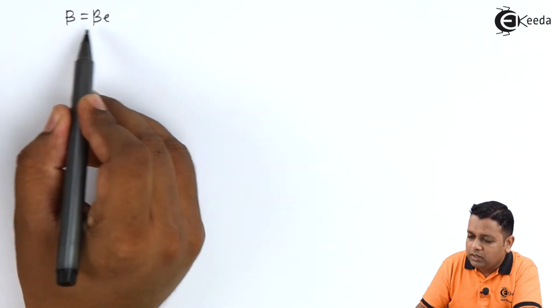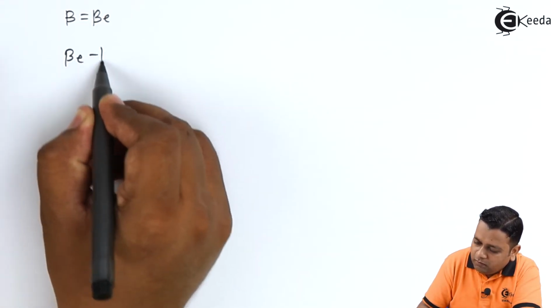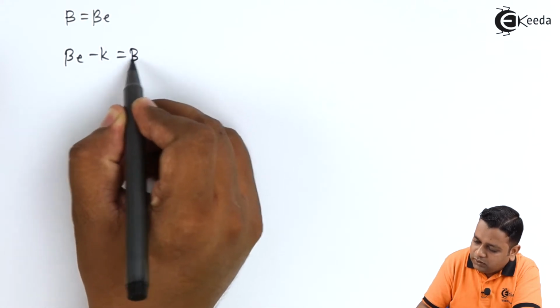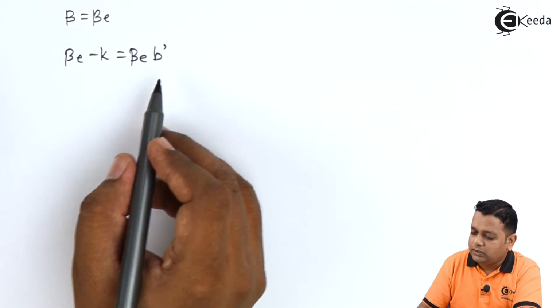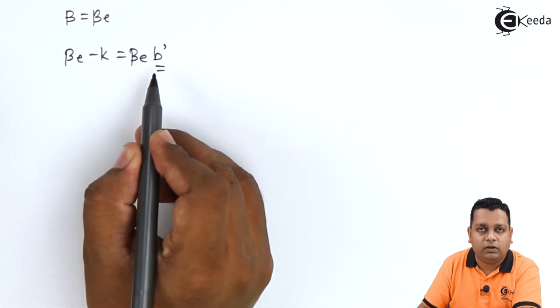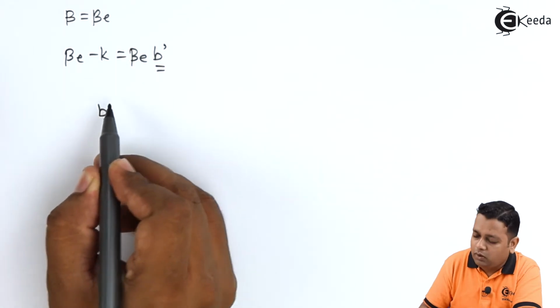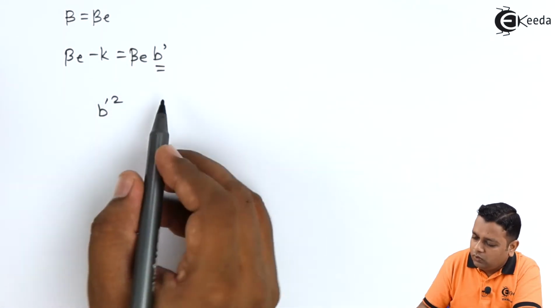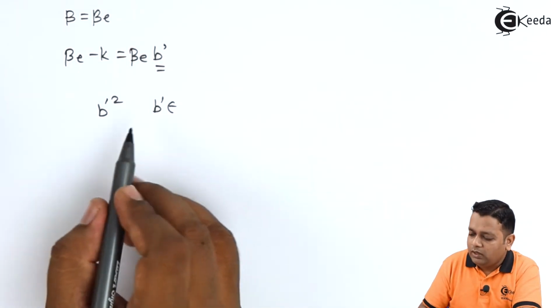Along with beta equal to beta suffix e, we also take beta suffix e minus k equal to beta suffix e into small b dash. Small b dash is a very small number, so we can neglect beta dash squared or beta dash multiplied by epsilon.